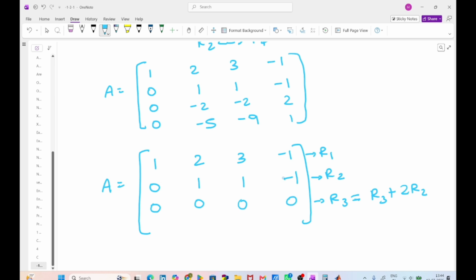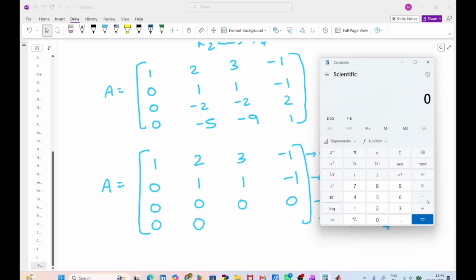Then for R4, we need to make this minus 5 as 0 by doing an operation with R2. For that, R4 plus 5 R2. 0, minus 5 plus 5 is 0. Let's use the calculator for it.